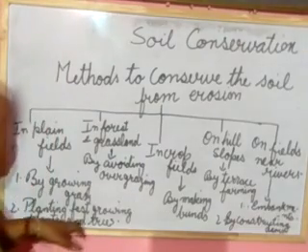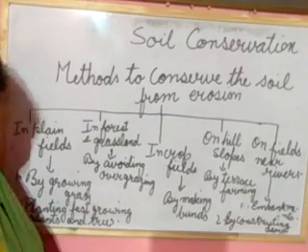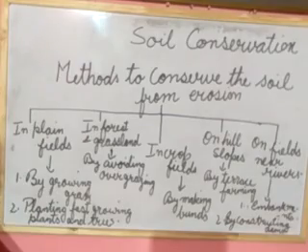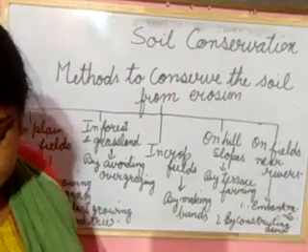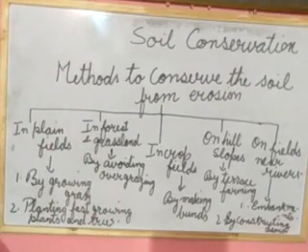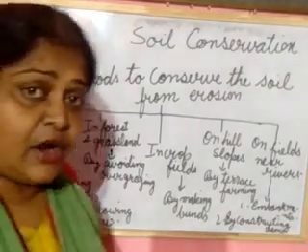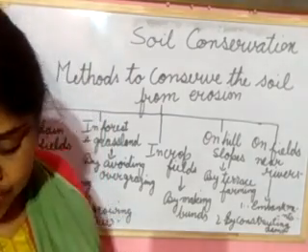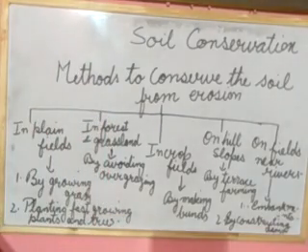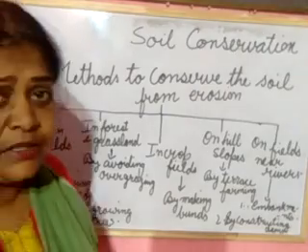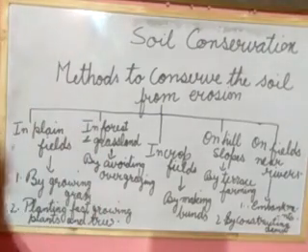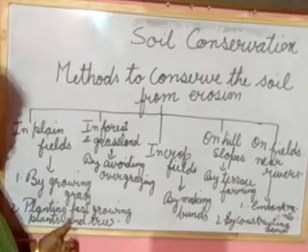Next one, planting fast growing plants and trees. To save the topsoil, trees or small plants can be planted, whose roots can hold the soil tightly. Why? Because that root can hold the soil tightly and avoid soil erosion.